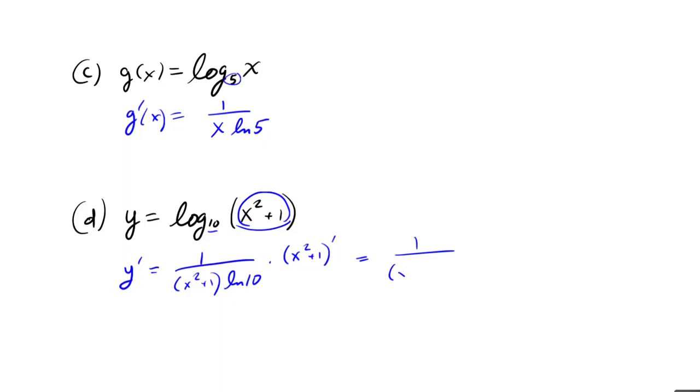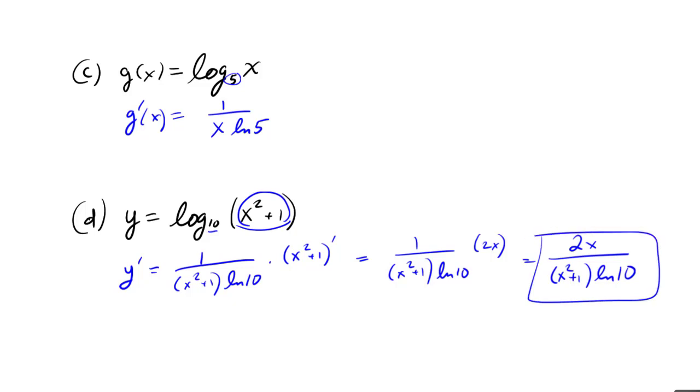So I get 1 over (x squared plus 1) ln 10, and then I have to multiply by 2x, so I end up with 2x over (x squared plus 1) ln 10. And there's my answer in that case.